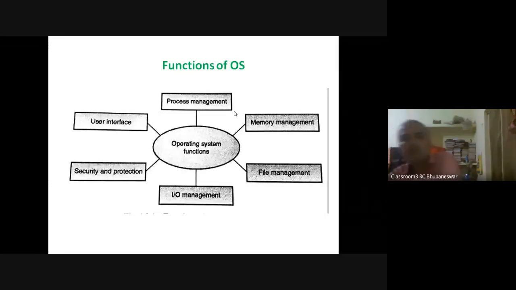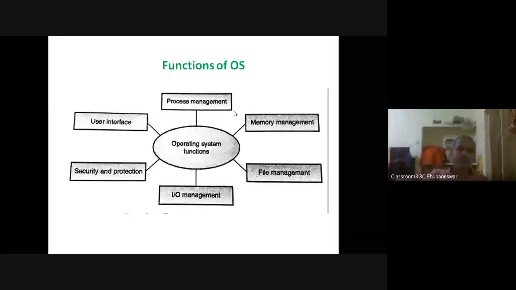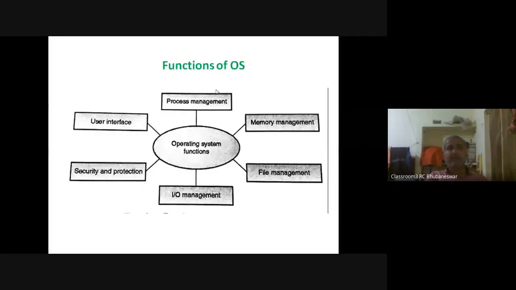बहुत सारे फंक्शन है, उनमें से इंपॉर्टेंट फंक्शन एक क्वेश्चन आ सकता है. One is command interpretation. Meaning whatever command we are writing, मैंने बोला था लास्ट क्लास में, what is instruction? Instruction is nothing but a command given to the computer to do a single task. So what is command interpretation?